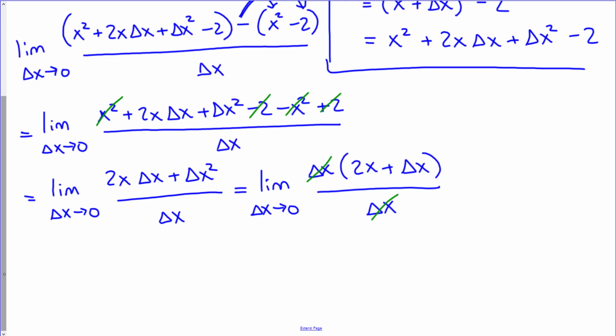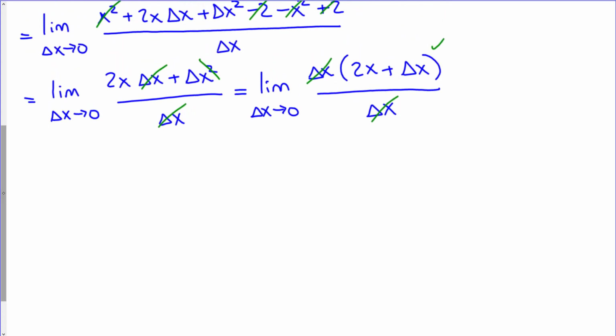What I find students doing improperly, if you don't do it the way I just did, is they'll try and say, oh, here's a delta x and there's a delta x, I'll cancel that out. But then you still have a delta x squared term where you were supposed to have a delta x term. What you have to do properly is, when you have a polynomial in the numerator divided by a monomial in the denominator, every term in the numerator has to be canceled out. So the square basically cancels out with the denominator. That you can do, but I think this method over here is generally a bit safer. However you want to treat it is fine, of course.